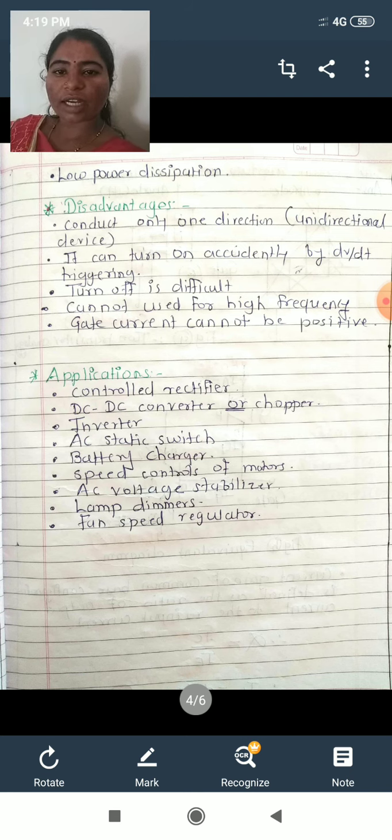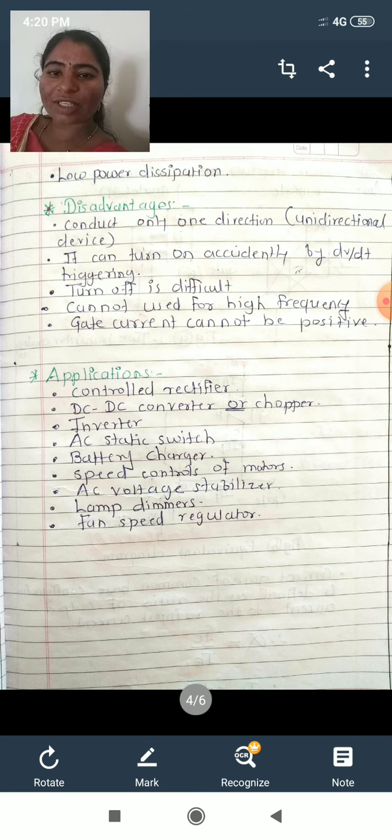See the disadvantages. First disadvantage, it conducts in only one direction, that is current flows only from anode to cathode. Reverse current does not flow through the SCR, means current flows in one direction, hence it is also called a unidirectional device.